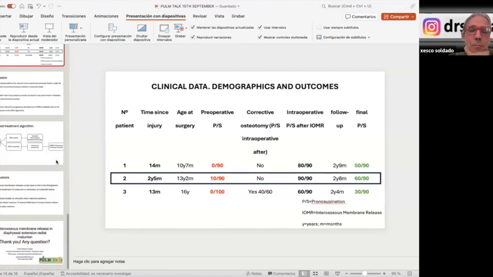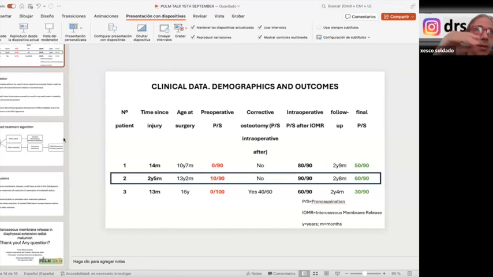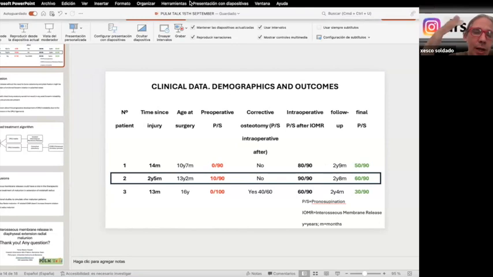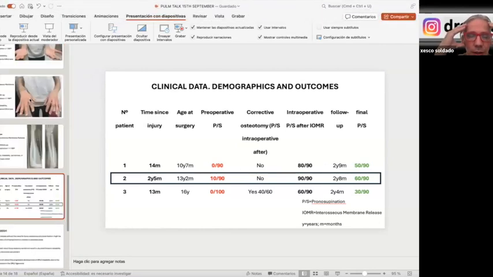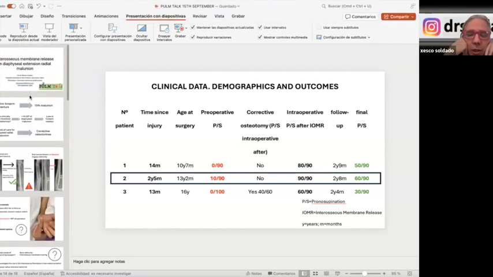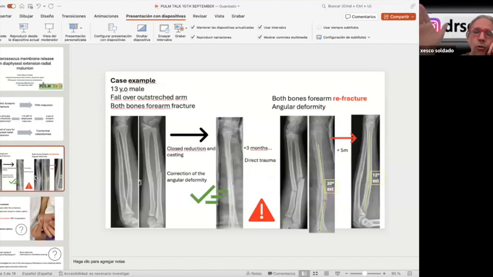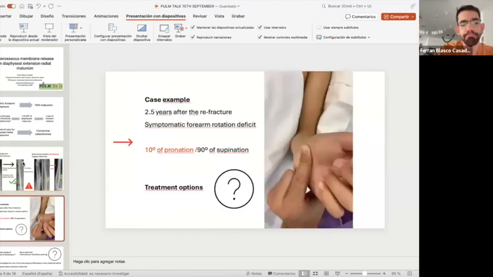Because there must be a number after which the interosseous membrane release makes no sense. Imagine 30 degrees of angulation of the diaphysis, but all of them were less than 20, right? Yes. Less than 20.